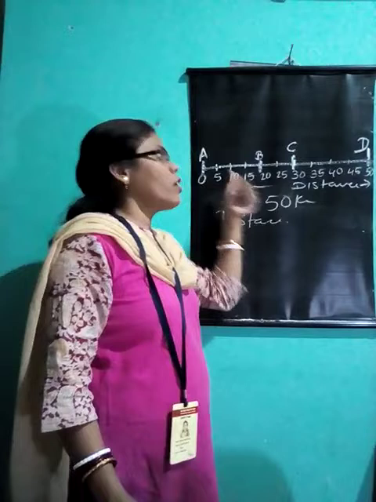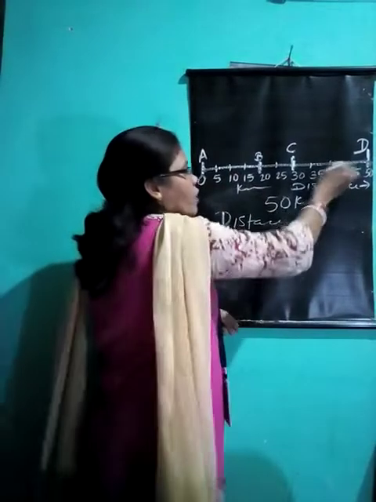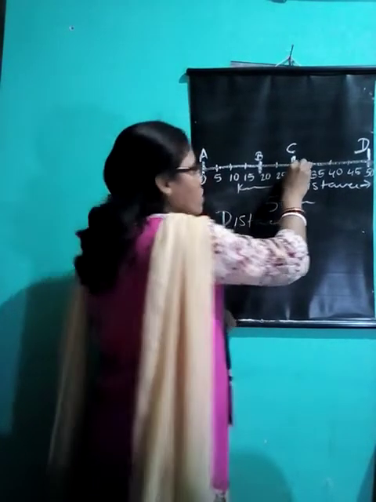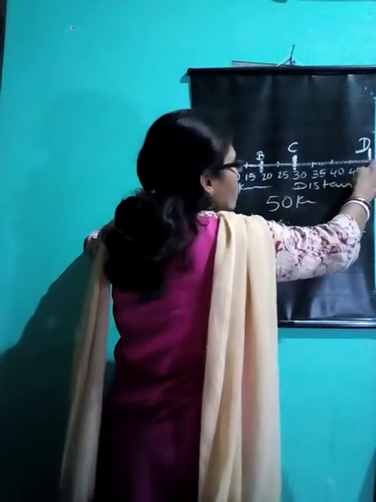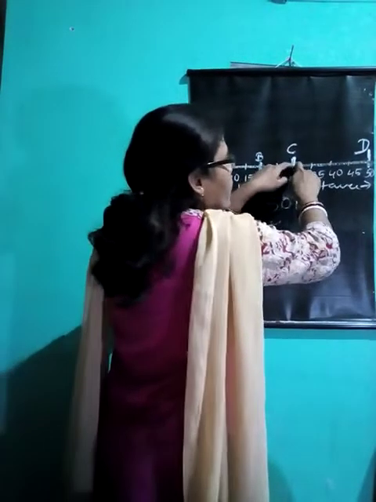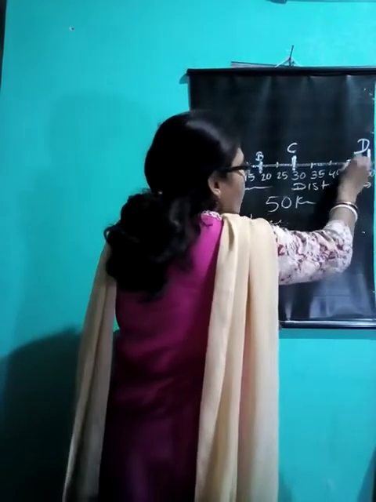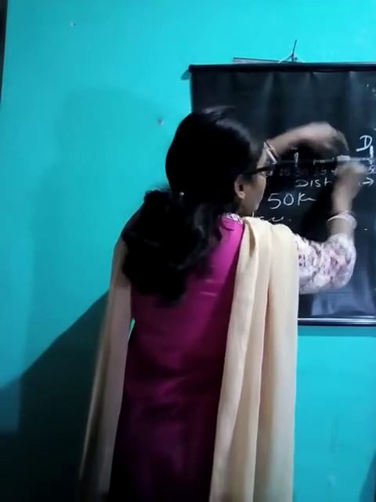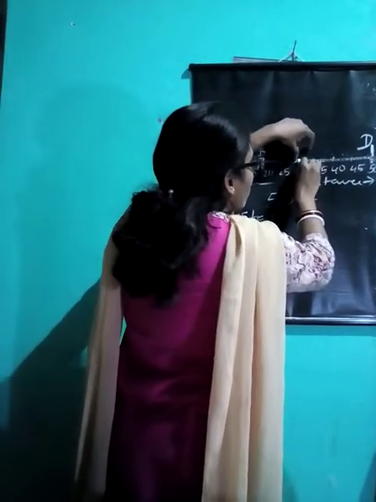Along the same path in the opposite direction, it started walking and reached here C. So what will be the distance covered? It is 0 to 50 it has covered, and then 30 when you add here 5, 10, 15 to here 5, 10, 15, 20.